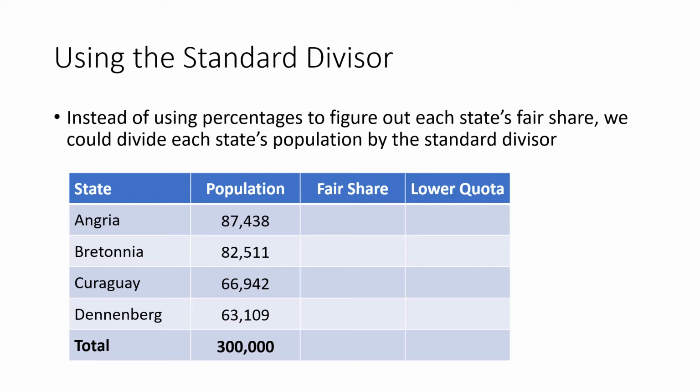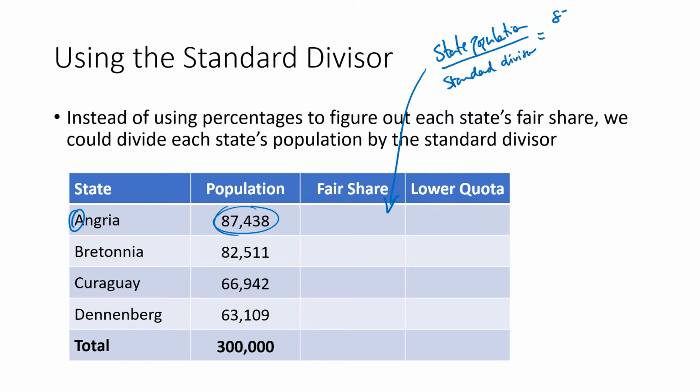So what we're going to do is look at state A here, and we say, okay, this is the number of people in state A, 87,438. So how many groups of 6,000 people live in that state? In other words, how many representatives should that state get? So the fair share here is going to be the state population divided by that standard divisor.